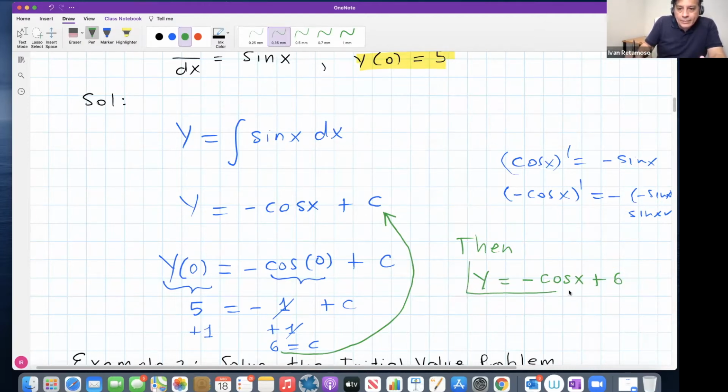Later on, when you move on and study more mathematics deeper, what we just did is a very basic example of what they call a differential equation, because the result of my equation is no longer a number, it's a function.